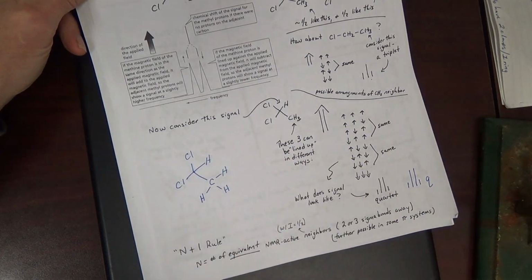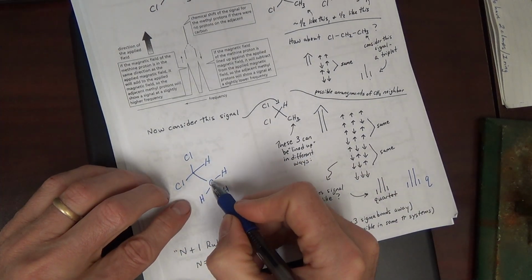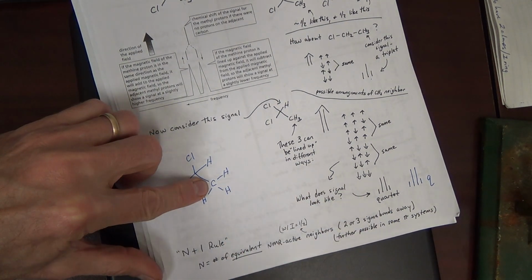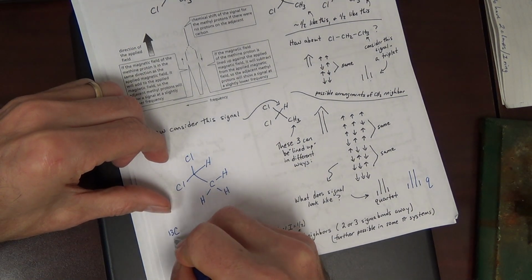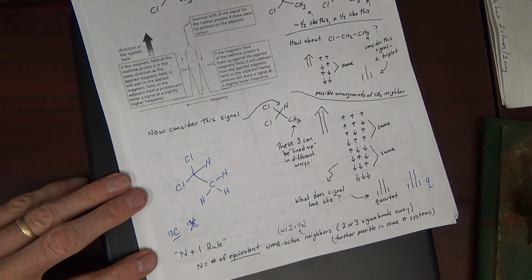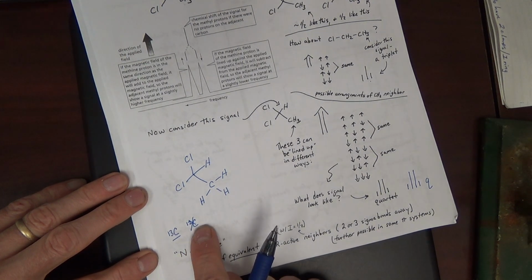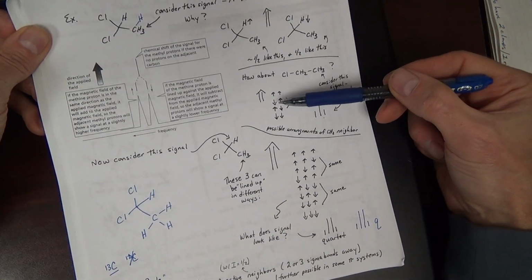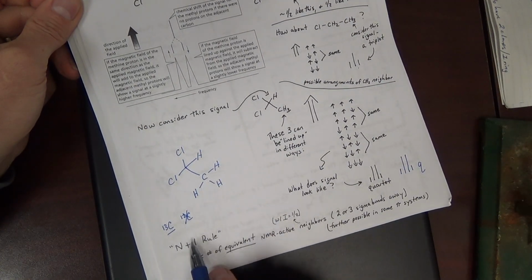This can be predicted or given by the n+1 rule. But let me ask you this. What about the 2 carbons between there, here and here? Carbon is NMR active. Or is it? Only C13 is NMR active, not carbon 12. Carbon 12 does not have a net spin, and thus it does not have a magnetic moment. And thus you're not going to be drawing different magnetic moments for carbon 12. That is, it does nothing. It's silent in this regard.